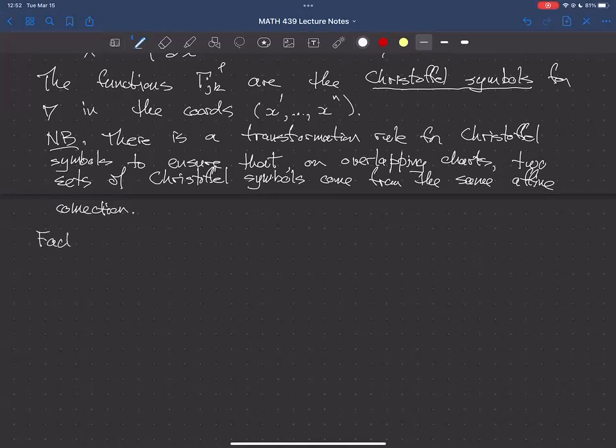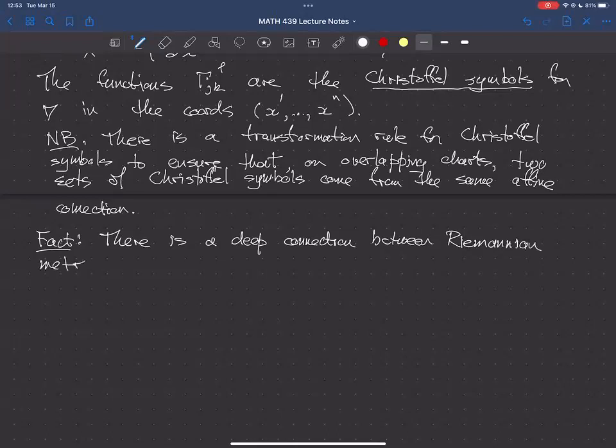Fact: there is a deep connection between Riemannian metrics, for example, the kinetic energy metric on a configuration manifold, and affine connections.